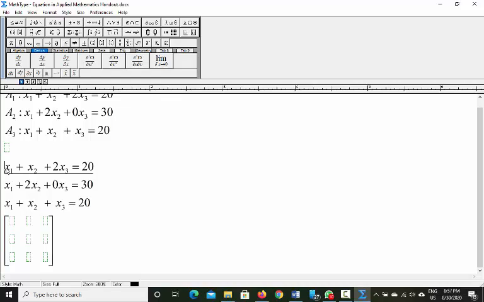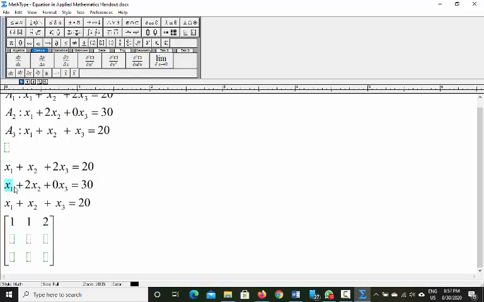The coefficient of this variable is 1. Again, the coefficient of this variable is 1. The coefficient of this variable is 2.